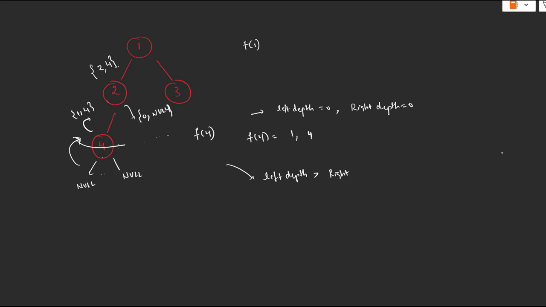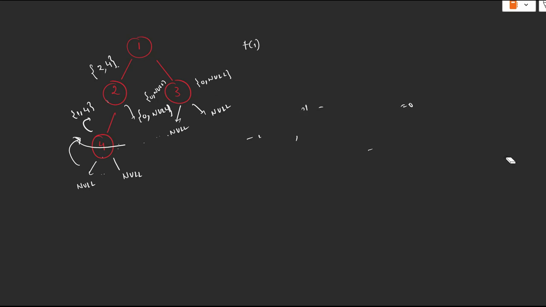Then it will call f of 3. Let's find f of 3. f of 3 also does not have any children, so they both are null. The null pointers will return 0 and null, 0 and null. Since the children have depth 0, the left depth is equal to the right depth, so it will give the common ancestor.